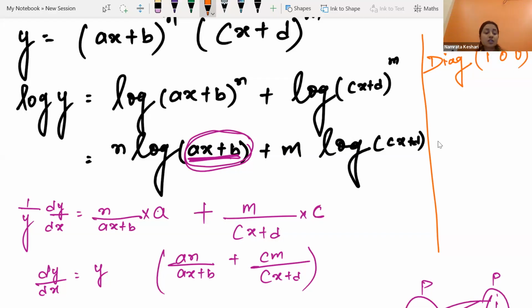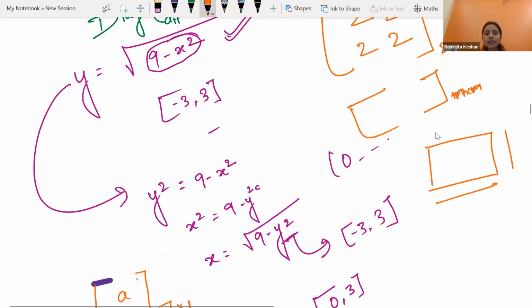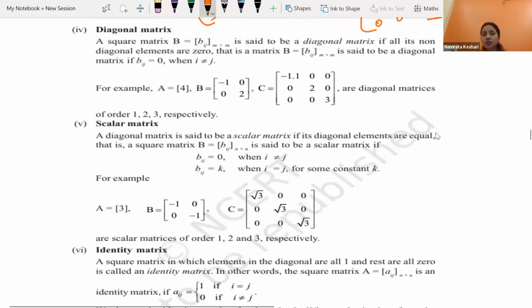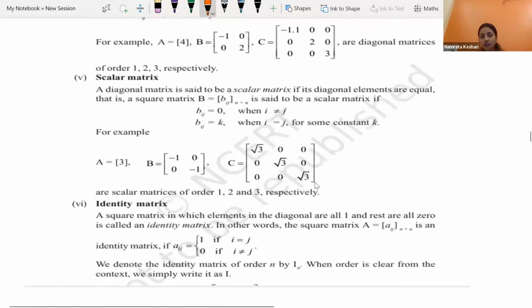But the condition which strictly needs to be followed is that non-diagonal elements have to be 0. Even if I make all of them 0, that is also okay. Now a scalar matrix is such a diagonal matrix where each and every diagonal element has to be the same. Whatever it is, it has to be the same.